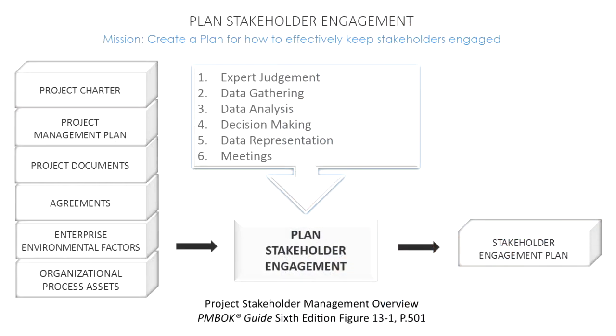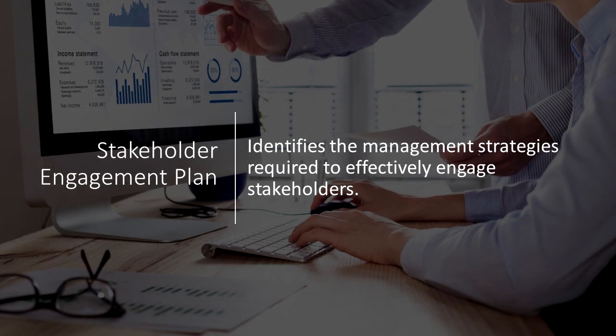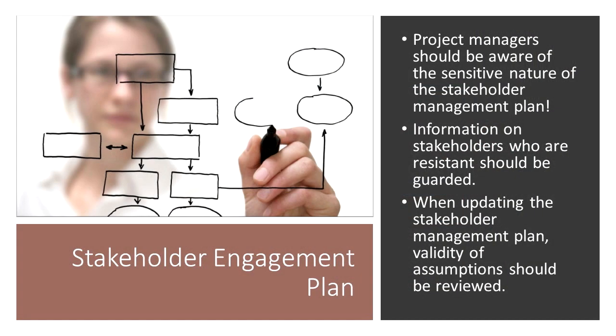Let's talk about the stakeholder engagement plan really quickly. The stakeholder engagement plan could include the desired and current engagement levels of stakeholders as documented in the Stakeholder Engagement Assessment Matrix. It could also include scope and impact of change to stakeholders.